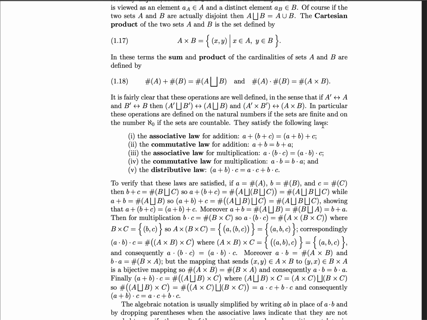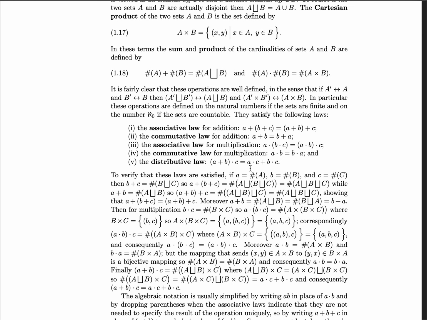In particular, since we've defined the natural numbers in terms of cardinalities, we can consider whether these operations are defined on the natural numbers, if the sets are finite, as well as if the number of sets is countable. If this is true, we have the following laws, which are easy to check: the associative law for addition, that (A plus B) plus C is equal to A plus (B plus C).